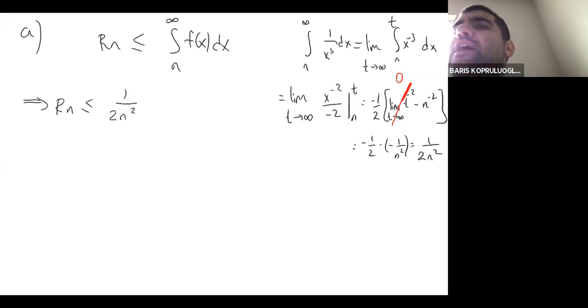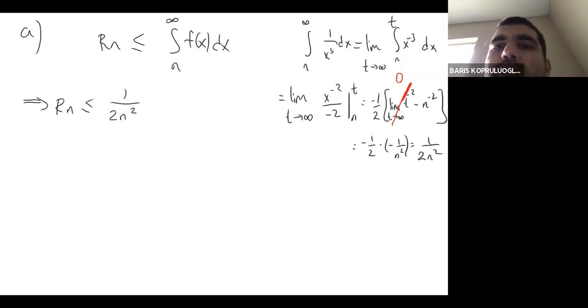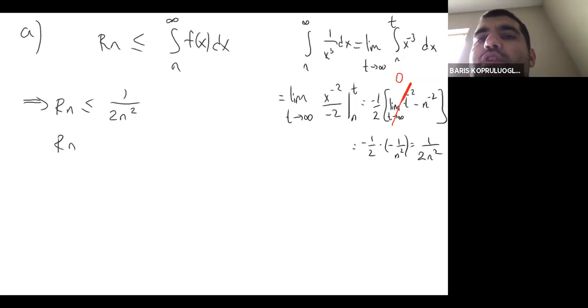We'll actually use this both in A and B. Now, in the first part, it says, what is the error if you use 10 terms? I mean, what is the maximum error if you use 10 terms? So it's going to be 1/2 times 10 squared.